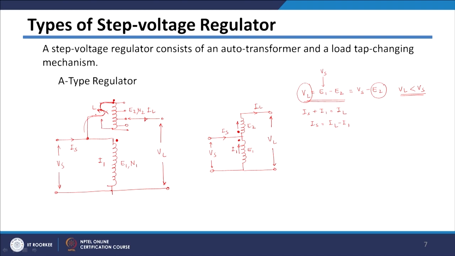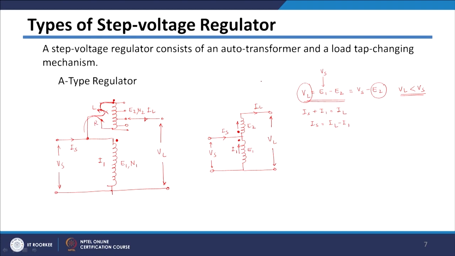Now, if the switch is connected to this other terminal, in that case your circuit will be like this. So, this other terminal I can call R, because it will be used for raise. I will explain how it is coming to raise.